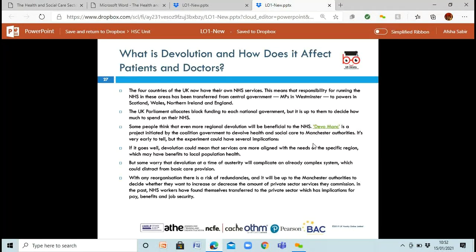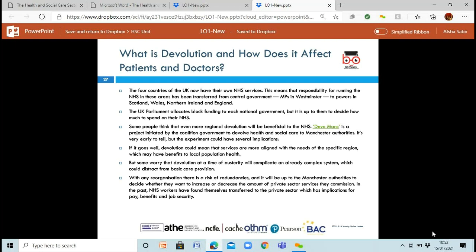So if Devolution goes ahead and goes well, it could mean that services are more aligned with the needs of the specific regions. So they might have more benefits to the local population health. Some people worry that devolution will complicate an already complex system, which is a good worry actually, because it is complex, and that it might distract from the basic care provision.